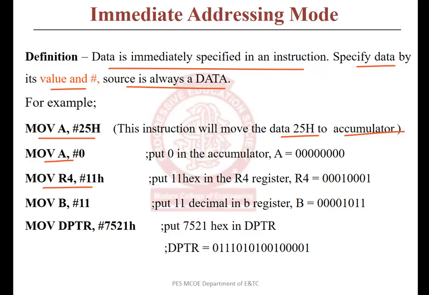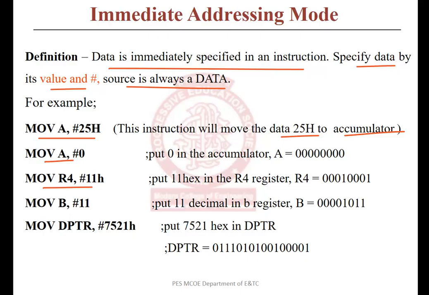So which bank, we should not bother. Just remember that 11h is stored into R4. Now MOV B, #11. Here h is not specified. It means 11 is a decimal number and that value is stored into register B. Actually the binary value gets loaded into B.